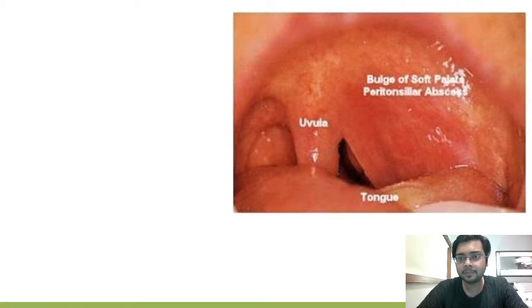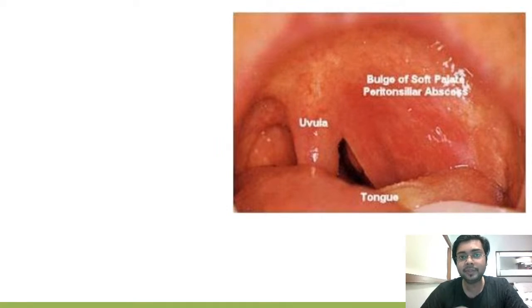Why peritonsillar abscess? There are some important signs that you need to fetch from your question. One important sign is the inflamed nature of the picture. Here you can see tonsils are inflamed, the tonsillar fossa and the tonsils' anterior pillar are inflamed.